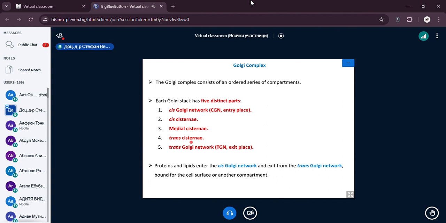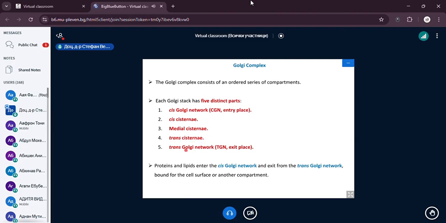We'll see in a few minutes what is the mechanism of this modification, and most importantly, what are the purposes for these post-translational modifications of proteins and modifications of lipids?